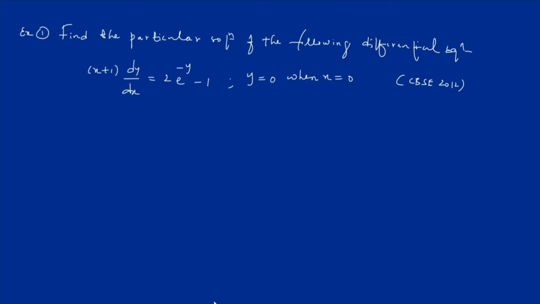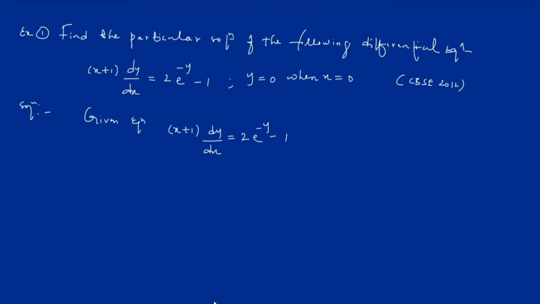So let's see the solution for this particular differential equation. This given equation is (x plus 1) dy by dx equals 2e to the power of minus y minus 1. Now we have to do variable separable in the first step.